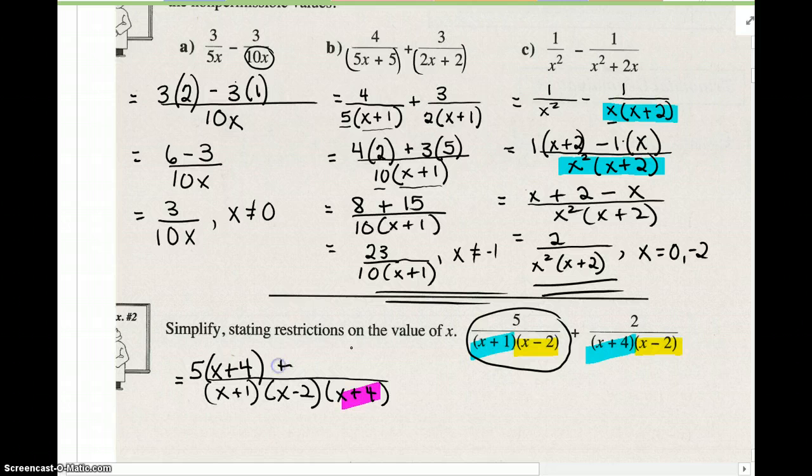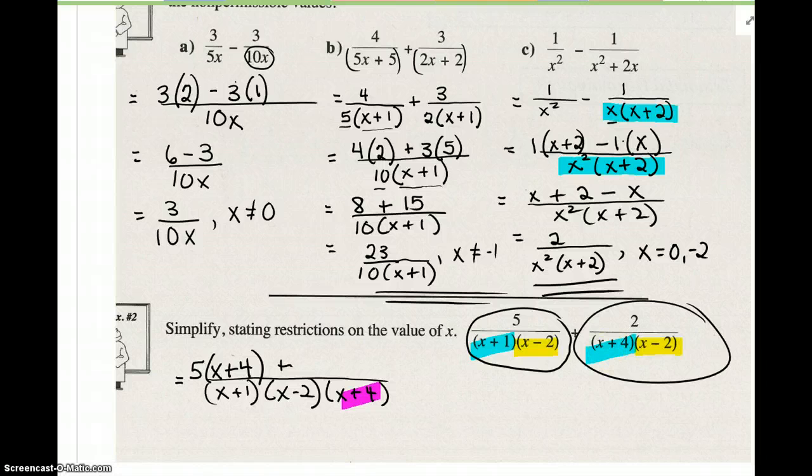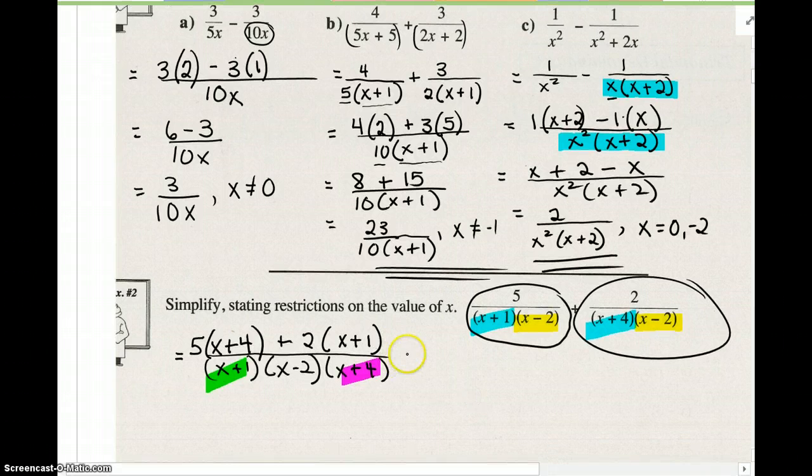I'm going to go on to this expression. What is missing out of this expression? In this case, it has the x plus 4, it has the x minus 2, it's missing the x plus 1. So I take my 2 and I multiply it by my x plus 1. When I do that, I will multiply through the bracket. x plus 2.